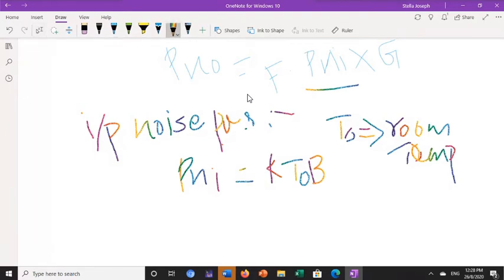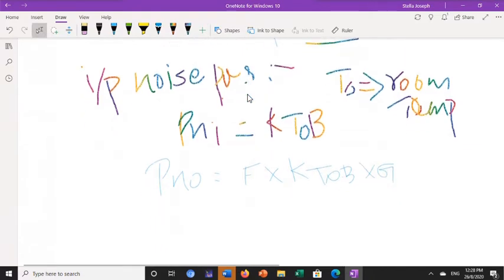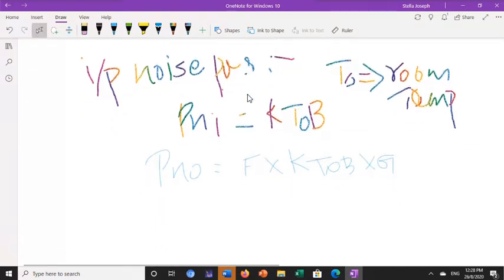Now I need to find out what is PNO. PNO is equal to F into KT0B into G. Now I am going to find out gain. I need to find out my gain in noise power.